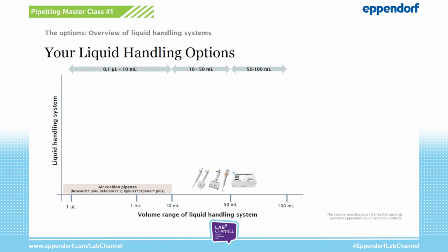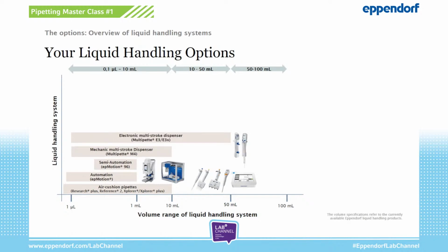They are also available in mechanical and electronic versions. And later on, we will discuss when it might be beneficial to use an electronic pipette. Semi and fully automated devices, such as the EpiMotion series, also work based on the air cushion principle and can pipette volumes up to 1 ml.